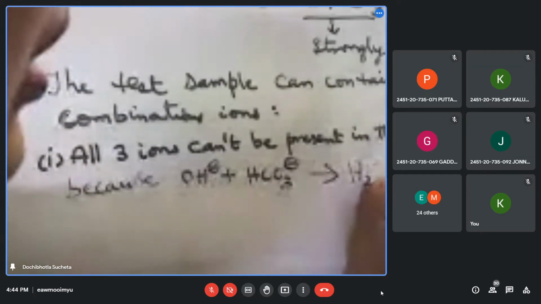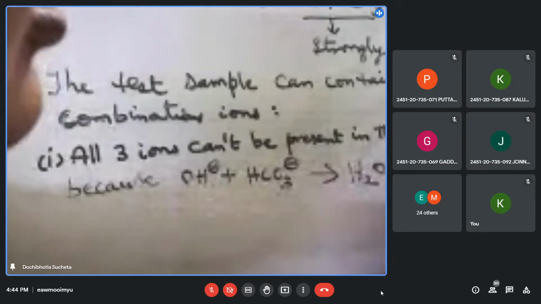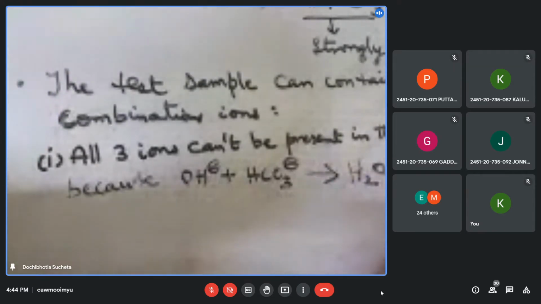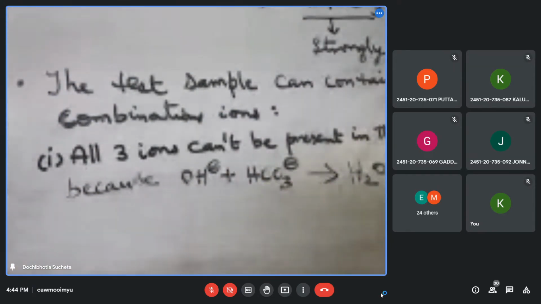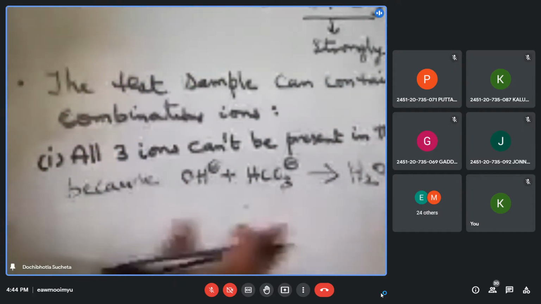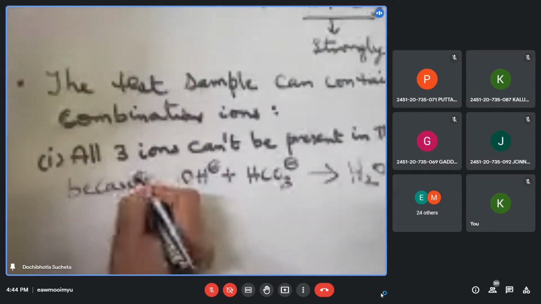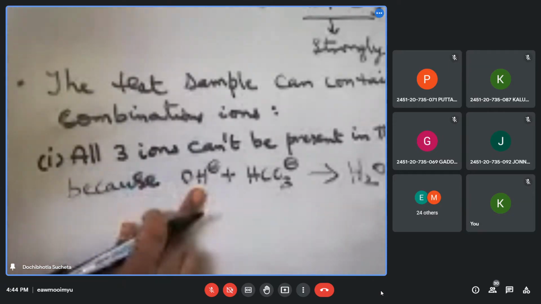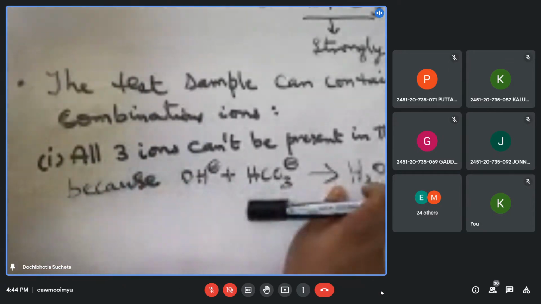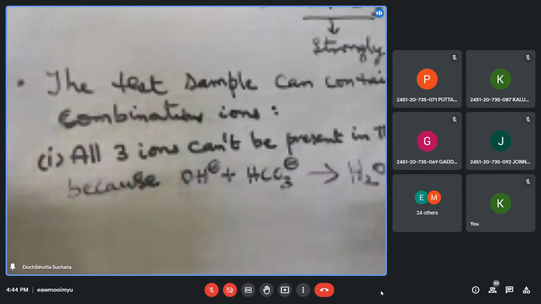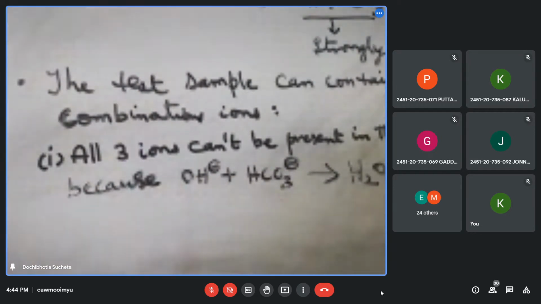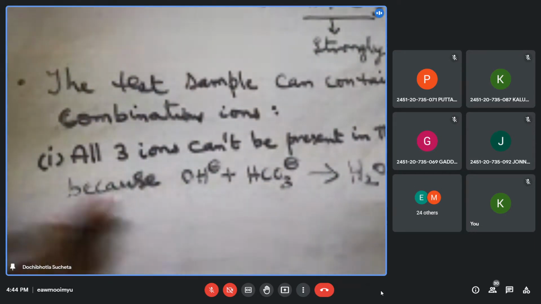Therefore, the possibility of three ions existing together is ruled out. Why? Because OH minus and bicarbonate ions combine to form water and carbon dioxide. Therefore, this option is ruled out.